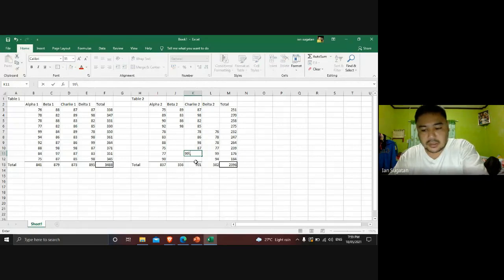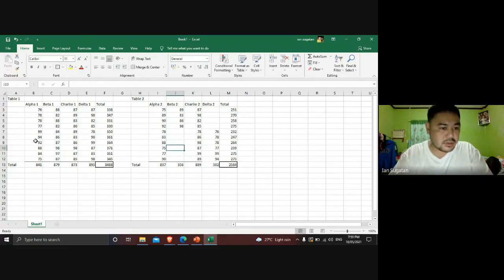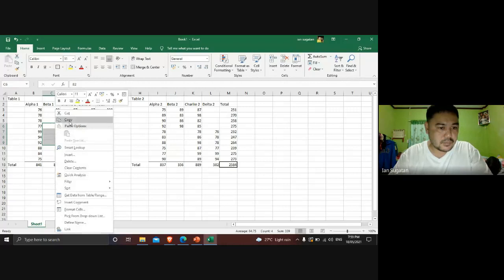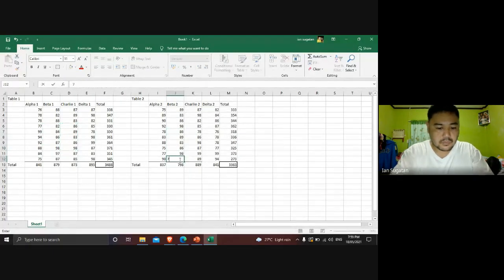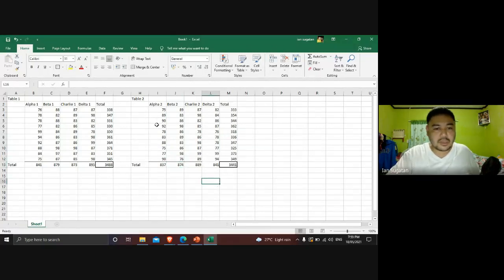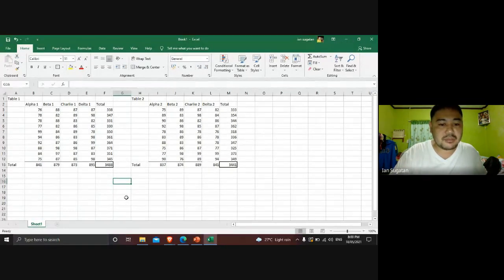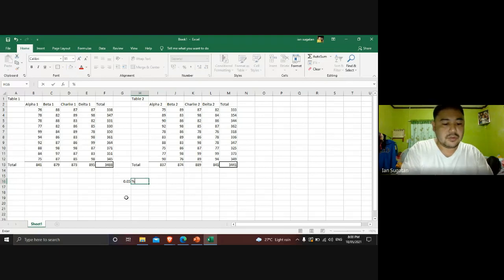Okay, so let me finish the... okay. So as you can see, guys, the degrees of freedom you should remember is the 0.05 or the 5% differential. 5% degrees of freedom.